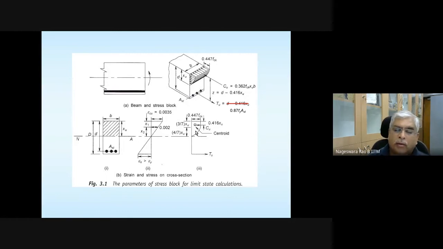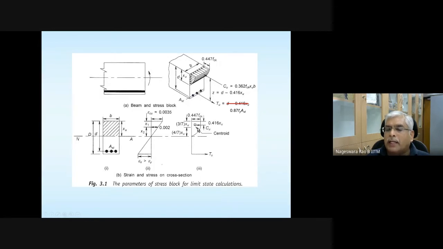I told you to make a note of the area of that semi-parabola shape. The formula that you noted is 2AH divided by 3. So here, what is A? Please take a note on your paper. It is 2 times 0.447 fck times 4 divided by 7 xu, divided by 3.